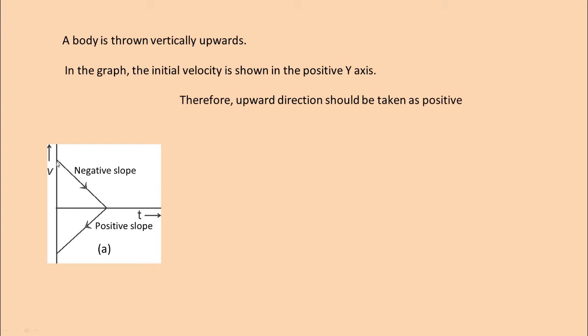Got it? Because here velocity is given on the positive y-axis, it is taken as positive velocity, and the body is projected up, thrown up. Therefore, upward direction is positive. Is it clear?